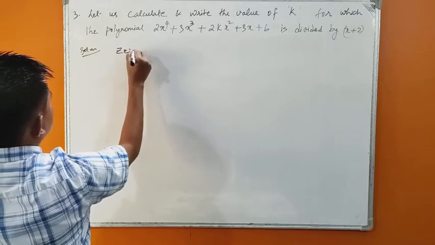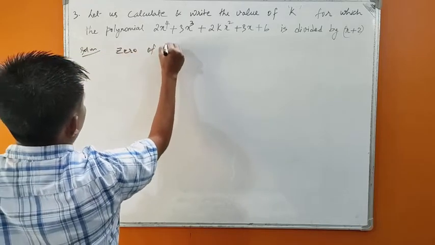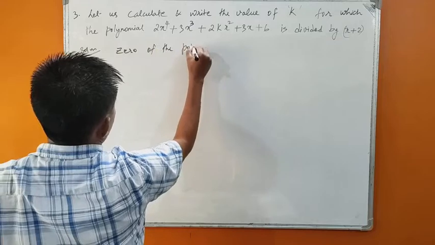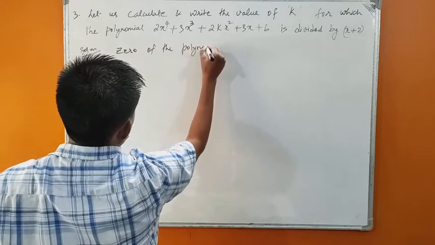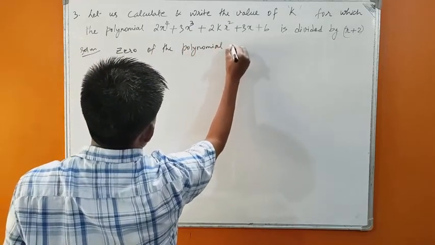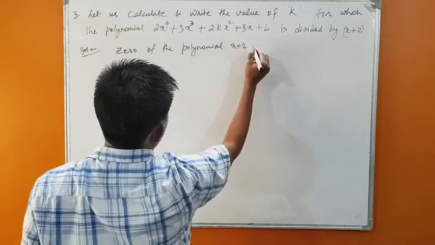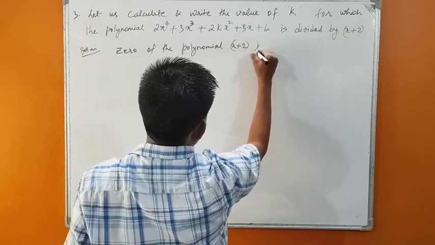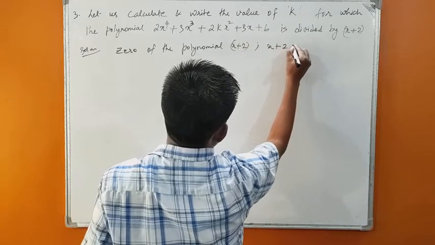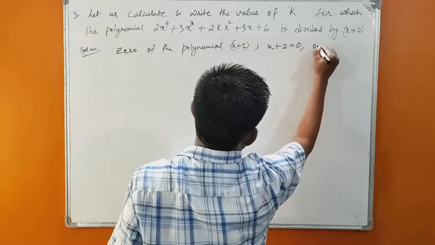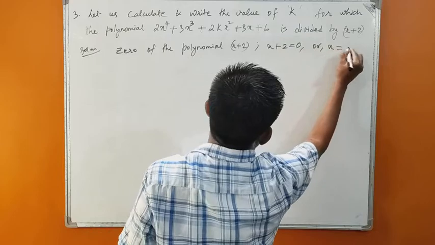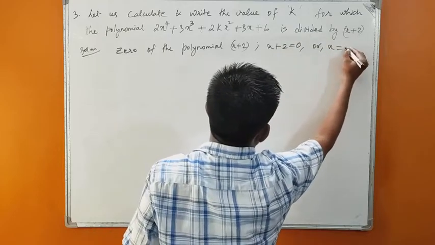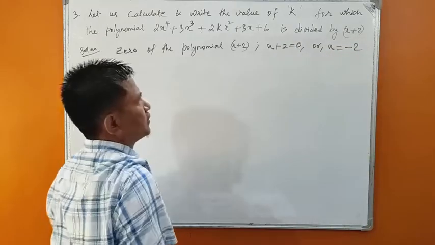Zero of the polynomial x plus 2. x plus 2 equals to 0, or x equals to plus 2, and we take it to the right hand side, becomes minus 2, isn't it?